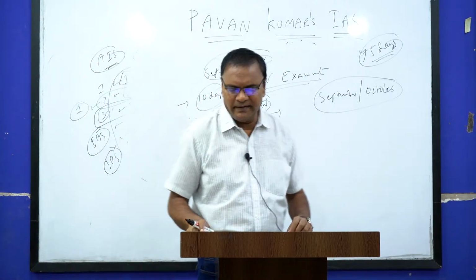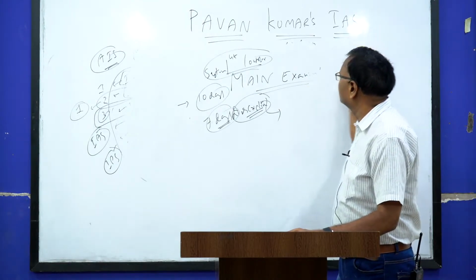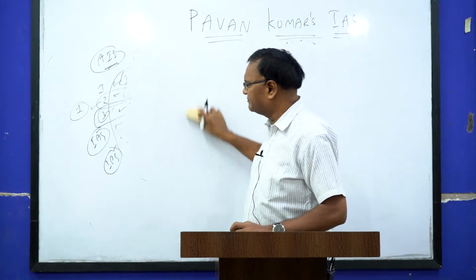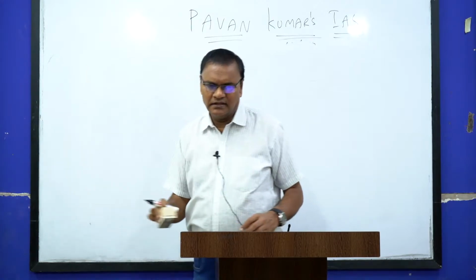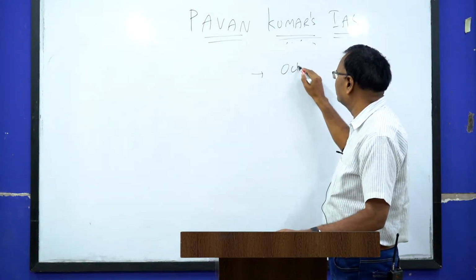Once this main examination is over, then what happens? Then UPSC will take good amount of time to evaluate all the sheets. So let us assume that mains are over by October 15th.